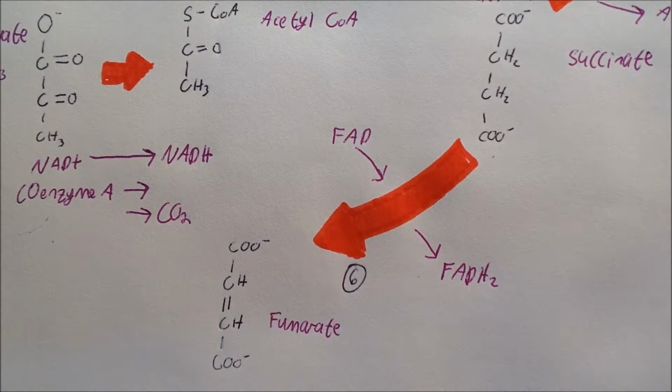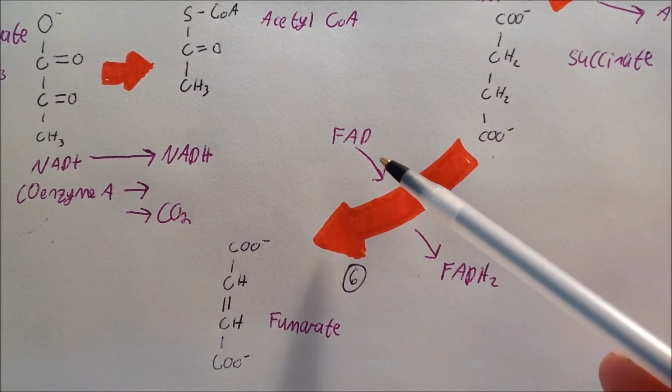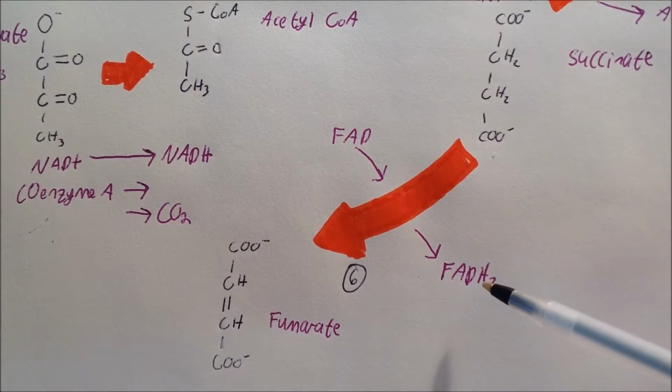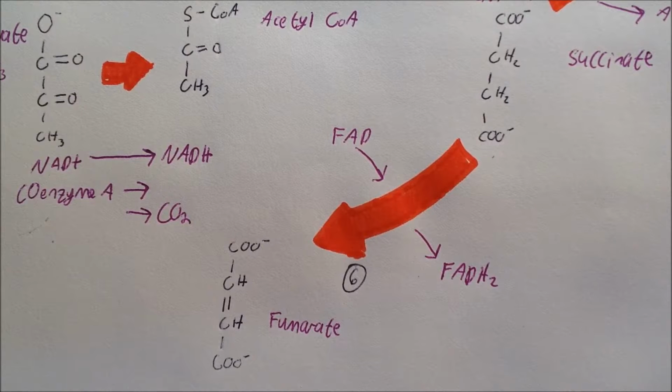So this step changes succinate to fumarate. The main difference here is that there was a double bond created here. That's where you got the two hydrogens to make FAD into FADH2. FADH2 will now go to the ETC and be changed into ATP, which can be used by the cell. This process was catalyzed by succinate dehydrogenase.